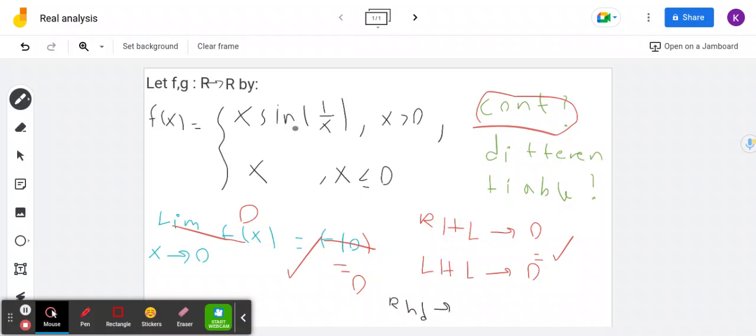If you take the derivative of this expression using the product rule, we get sine of 1 over x plus x times cosine, but the derivative of 1 over x is negative 1 over x squared. So we get basically minus 1 over x times cosine of 1 over x.